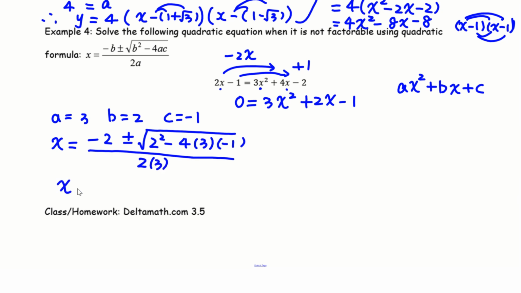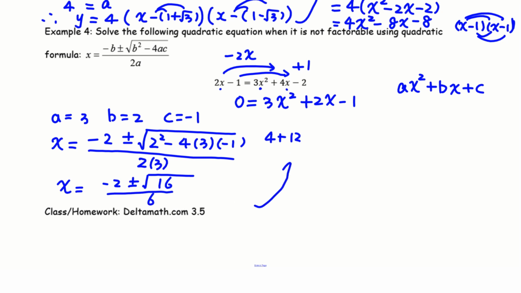Then we do the calculation under the square root first. So 2 squared minus 4 times 3 times negative 1 is plus 12. So 4 plus 12 gives you 16, then over 6.